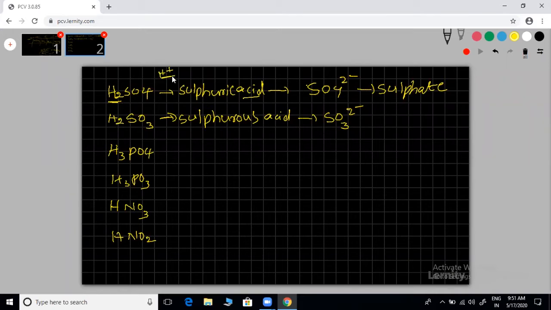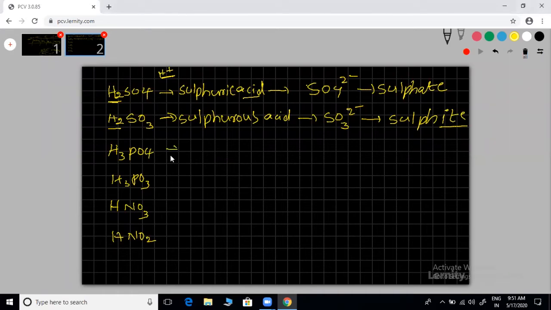If you remove one hydrogen, one negative charge will come. So I am removing 2 hydrogens, so a 2 negative charge will come. What will you get here? What is the name of this one? Sulfite. Is it correct? Yes, correct. Now write all the names first.